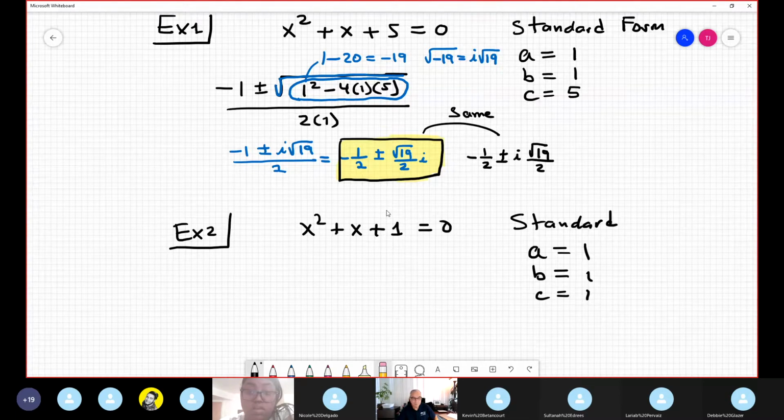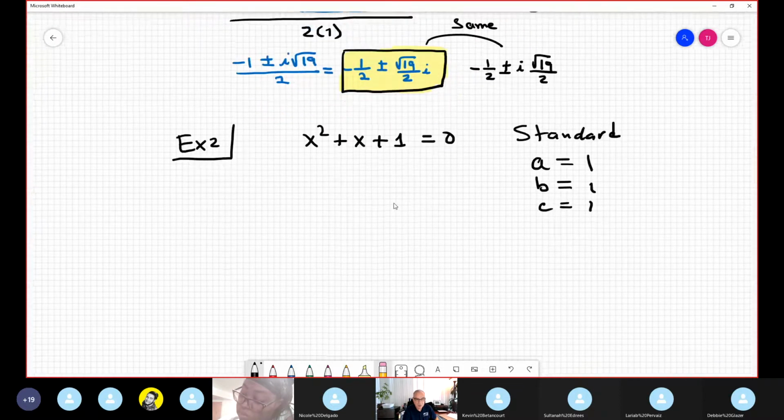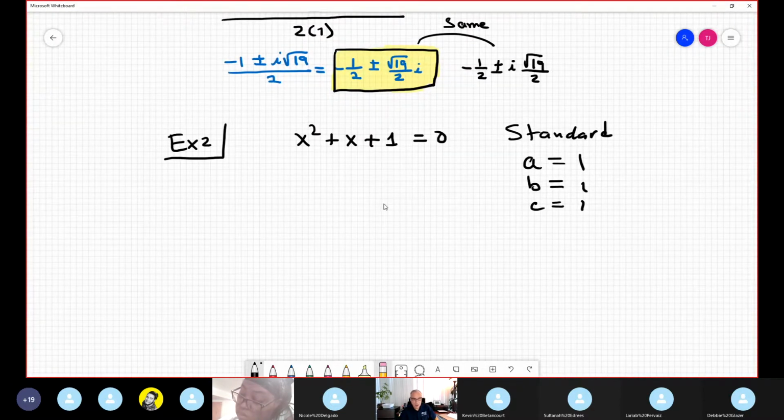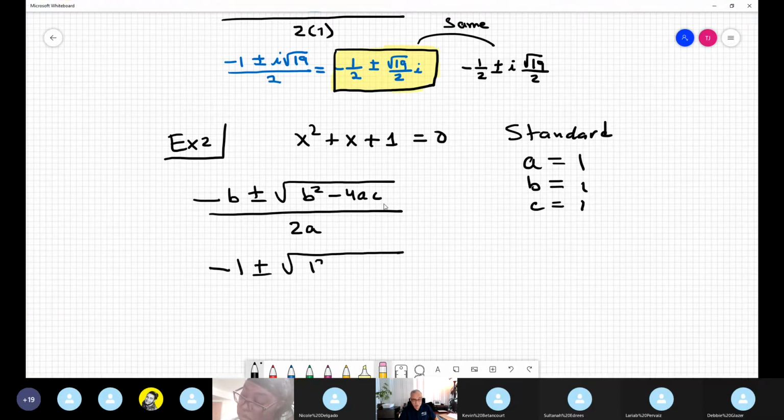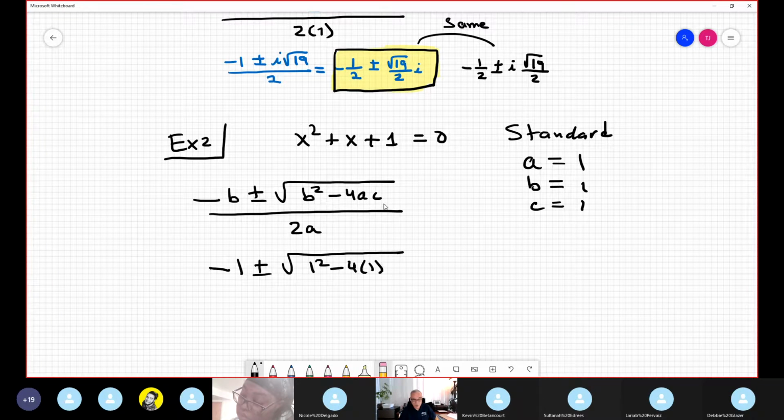Plugging into the quadratic formula, which I want to repeat again: negative B plus or minus the square root of B squared minus 4AC, everything divided by 2A. This is negative 1 because B is 1. Plus or minus the square root of 1 squared minus 4 times 1 times 1, divided by 2 times 1.